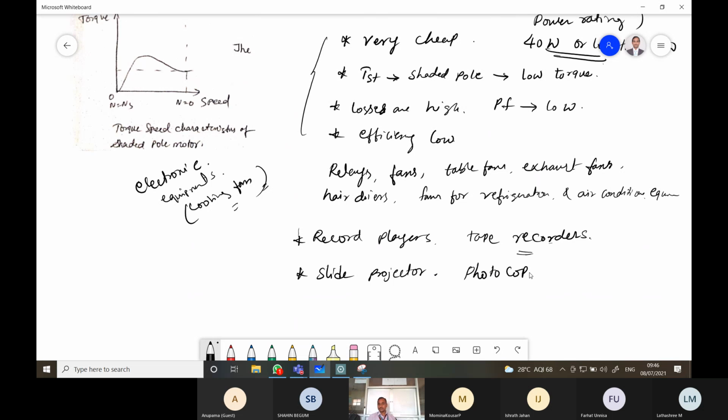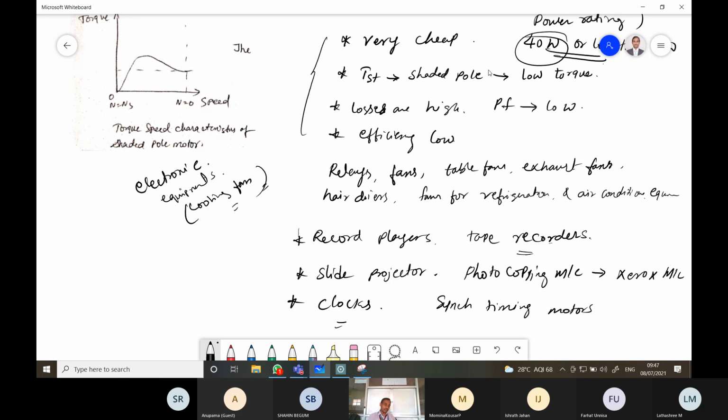What do you mean by a photocopying machine? That is the Xerox machine. And some electric clocks also use them, as single phase synchronous timing motors. So these are the applications, a variety of applications. The only thing is the range is very small. So this is about the shaded pole motor.